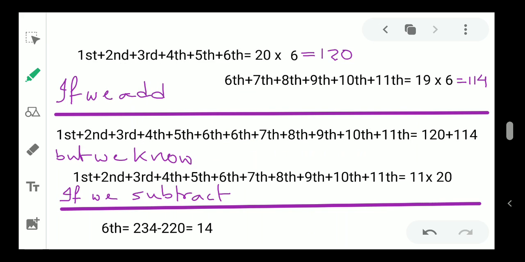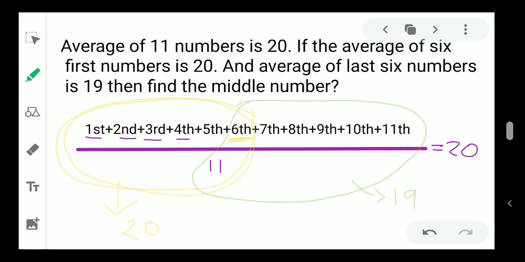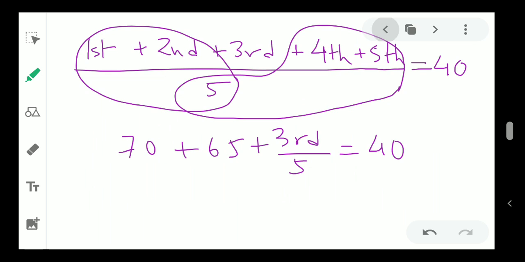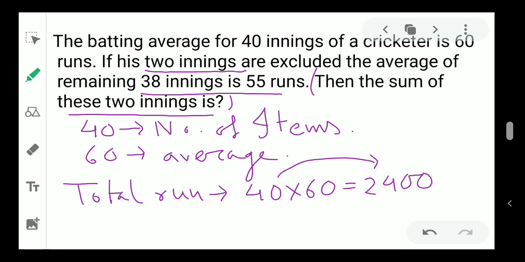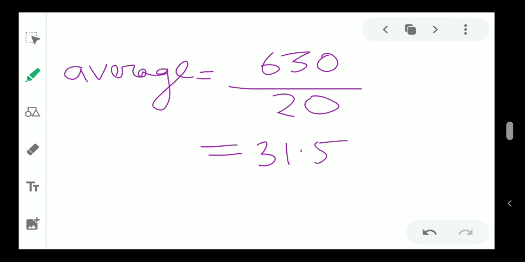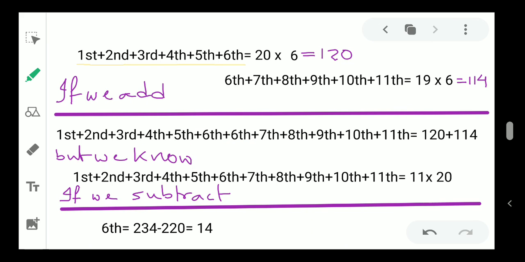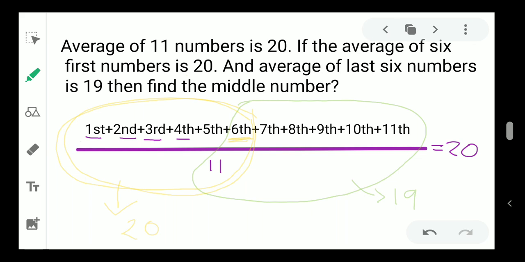I know that for the first six numbers, their total is the average into the number of items, right? I am using this formula, the second one, that is the total is average into the number of items. The number of items in this case is 6, and the average of the first 6 numbers is given as 20.